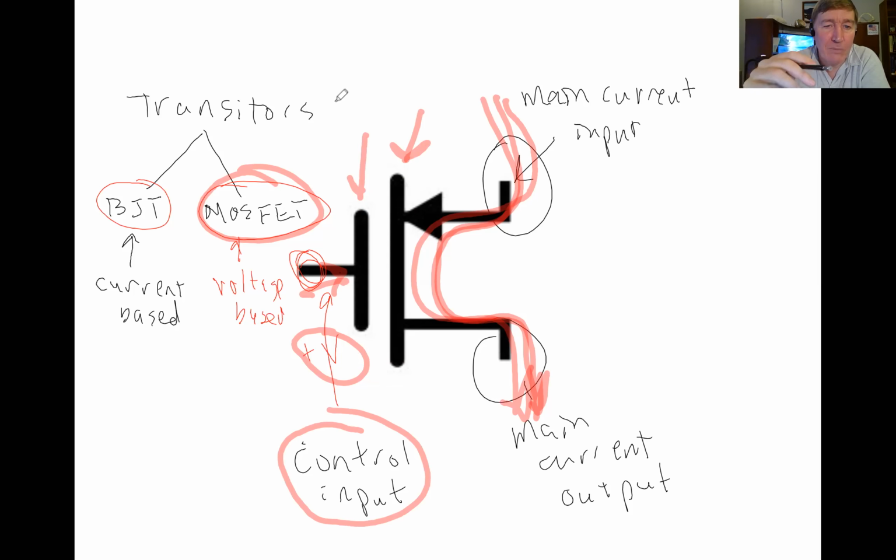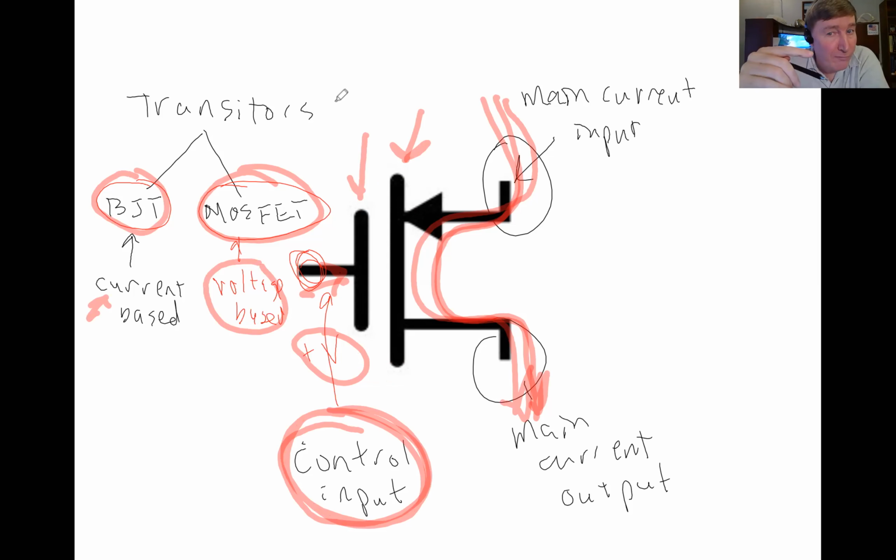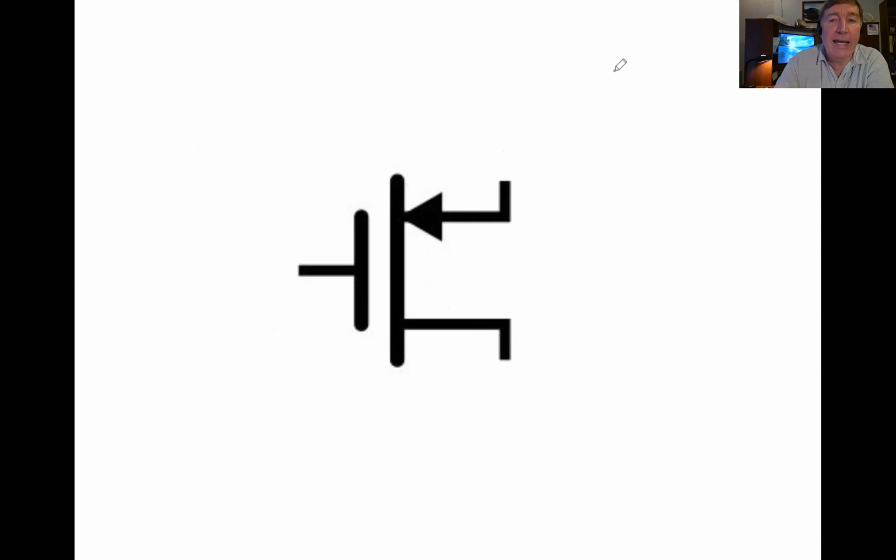That's what makes a MOSFET different from a BJT. With the BJT, current has to flow into the control input. But with a MOSFET, you put voltage on there, but once that voltage is established, no current actually flows. Okay, so this is a transistor, and it's a member of the MOSFET family of transistors.